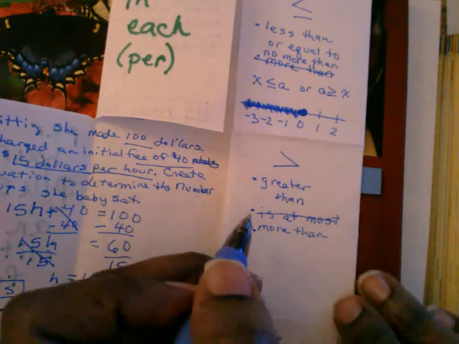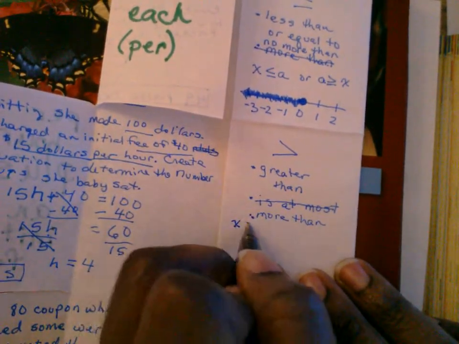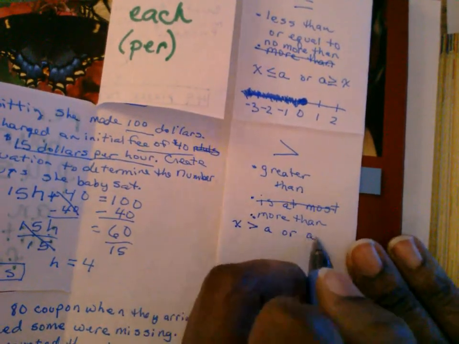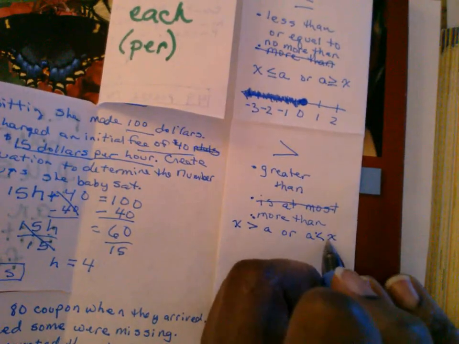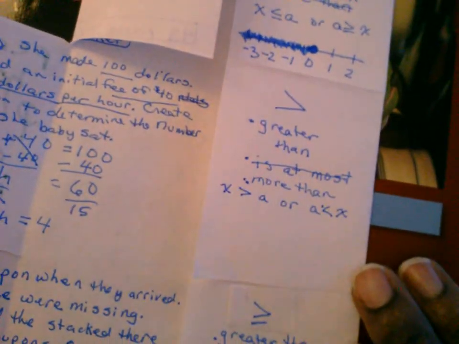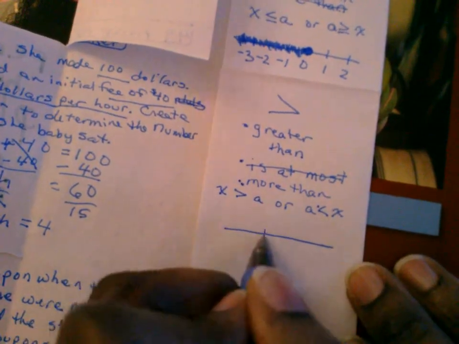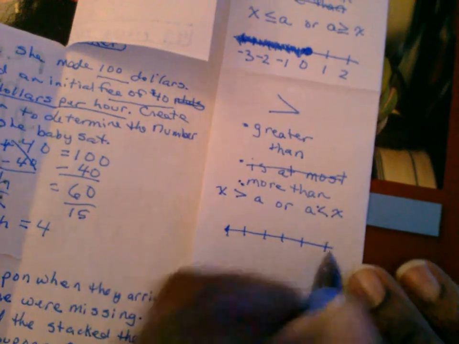Okay, now this statement will be written as x is greater than A or A is less than x. And then when we put it on a number line, open circle or closed circle for this one?